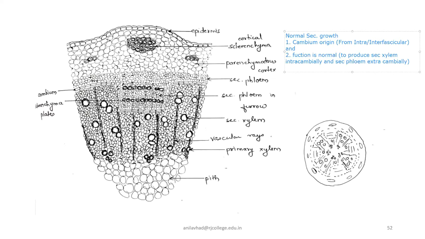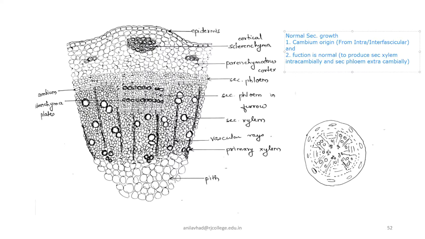The stem is getting some advantage, pliancy, and that is the reason why this anomalous secondary growth in Bignonia stem is adaptive in nature. Lastly, I would like to mention only one single sentence which you have to remember always: in Bignonia stem, the origin of the cambium is normal, but behavior is abnormal, and it is an adaptive type of secondary growth.